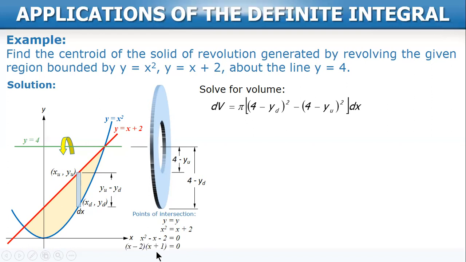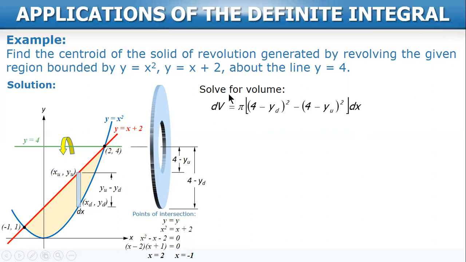And we have x equal to 2 and x equal to negative 1. So, when x is 2, y is 4. And the other one, when x is negative 1, y is positive 1.